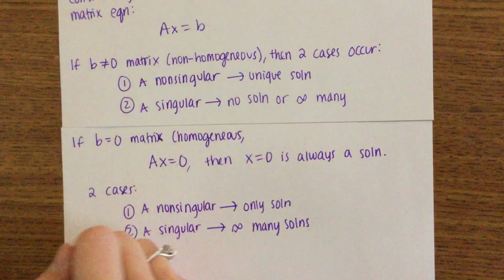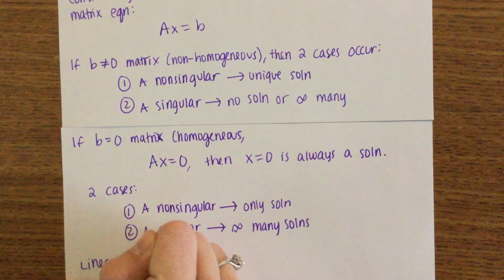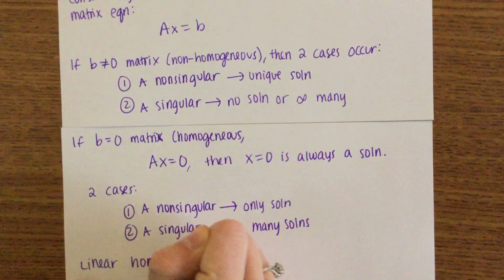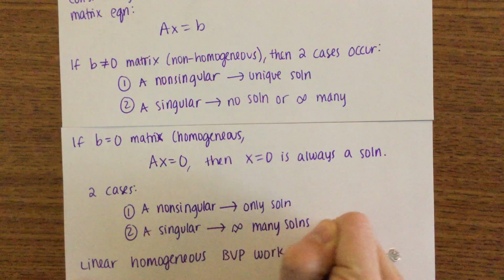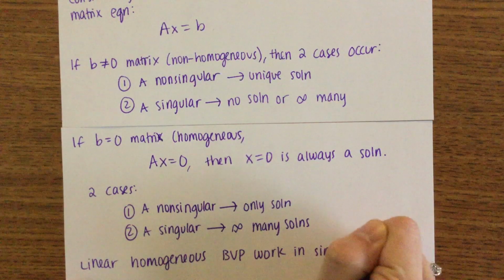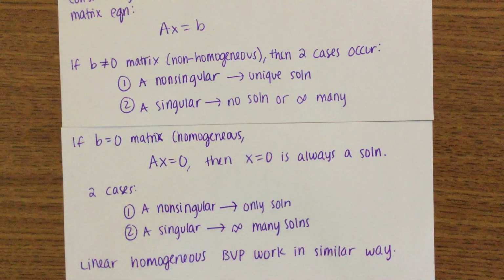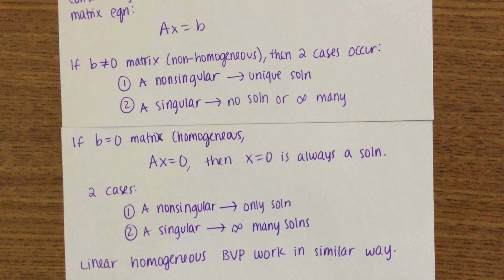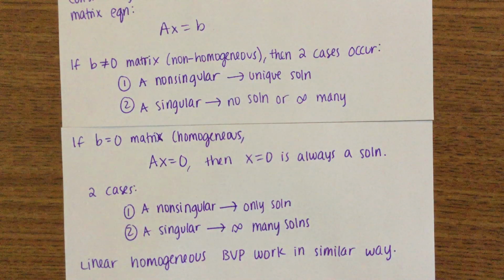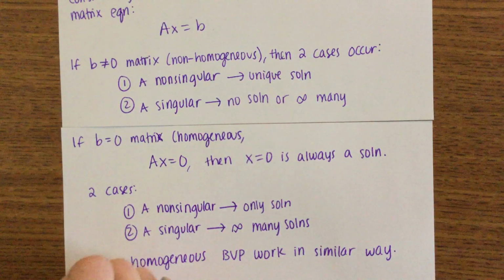Okay, so then linear homogeneous boundary value problems work in a similar way. Yes? When you say only solution, do you mean that x is 0 is the only solution? Correct. Okay, you do not need to memorize these cases, but they're going to help us when we solve the next few examples.